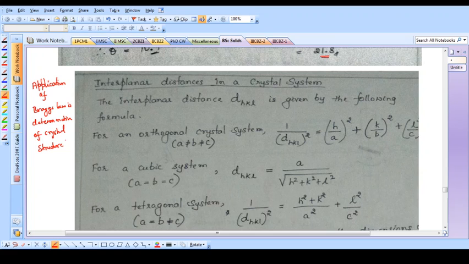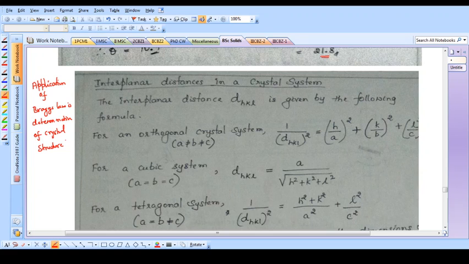Are they arranged in cubical way, or monoclinic crystal system, or triclinic crystal system? Is it a primitive cell, or is it a body centered, is it a face centered? Everything constitutes determination of crystal structure. Okay, so to understand the application of Bragg's law in determination of crystal structure, we have to go through some equations.